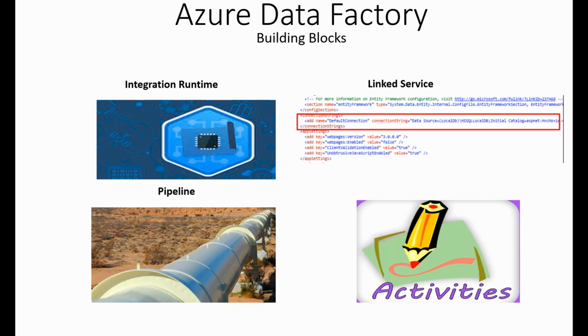IR is basically helpful in maintaining or starting a handshake between your Azure data services as well as the on-premise systems, because only if the handshake happens can the data movement take place. And so, as I said, self-hosted IR is specifically to support the on-premise databases or services.